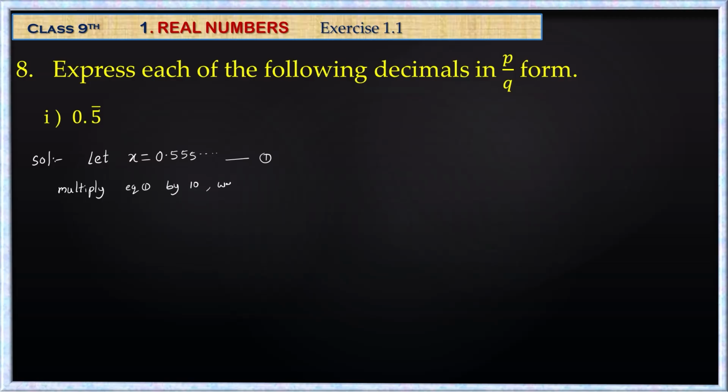We get 10x is equal to, by multiplying with 10, the decimal point moves one step right side, so it becomes 5.555 and so on. Call it as equation 2.